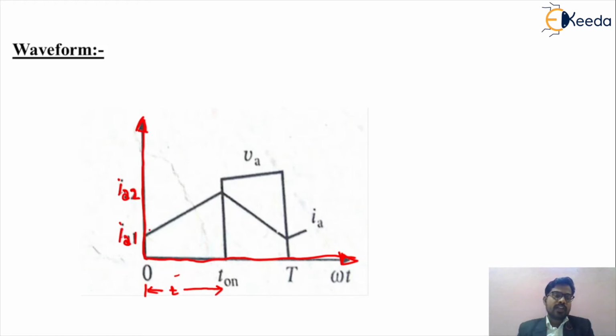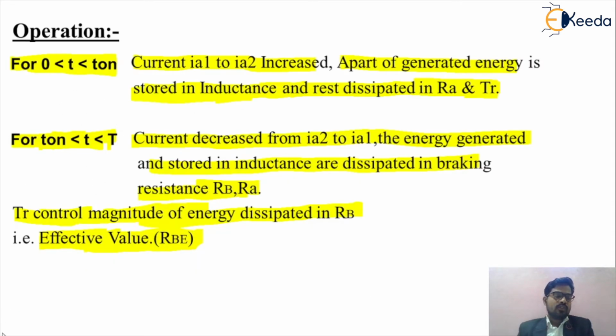For that period, what will happen? The value of armature current is increasing. What will happen when the armature current is increasing? I can show you.